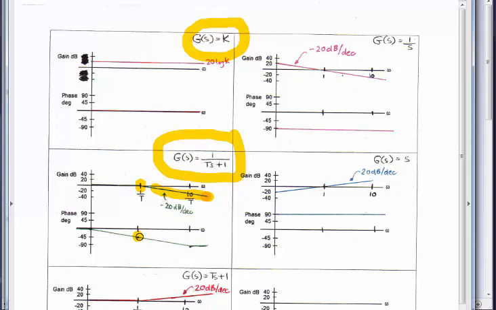If we go a decade, so a division of 10 below 1 over tau, we know that's where the phase angle is going to flatten out at 0. If we go 10 above, we know that's where the phase is going to flatten out at minus 90, and in between we draw a straight line in between. Okay, so looking just at those two, we'll do an example that combines these two.